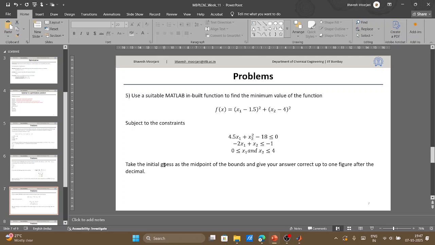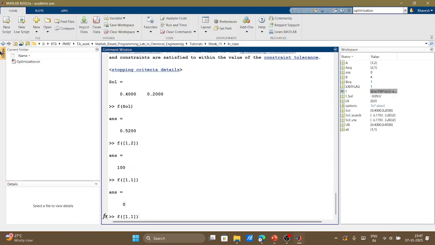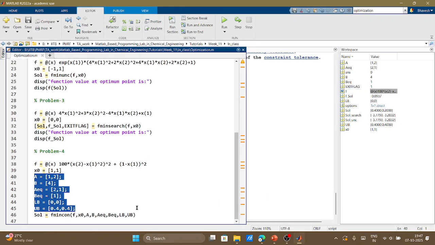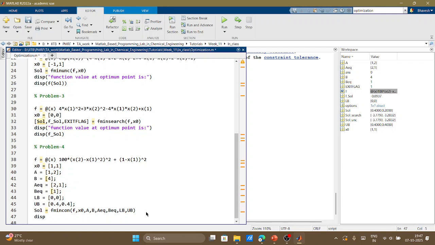So here take the initial guess as the midpoint of the bounds and give your answer up to one figure after the decimal point. So let's try and solve this. I think we can use this.